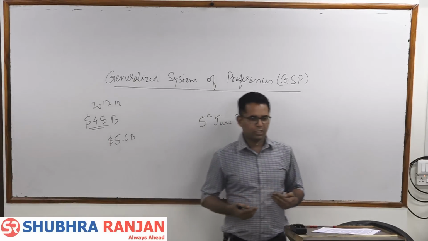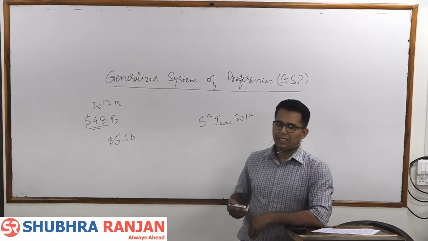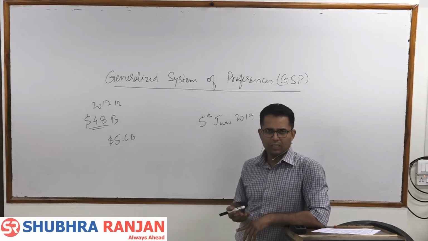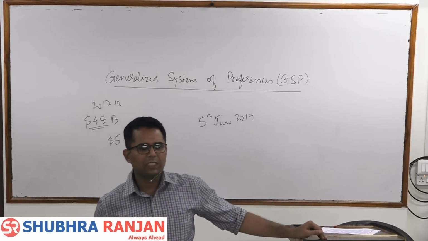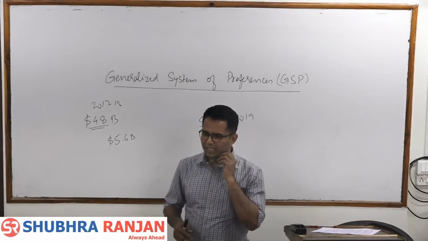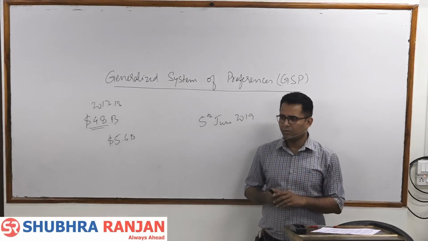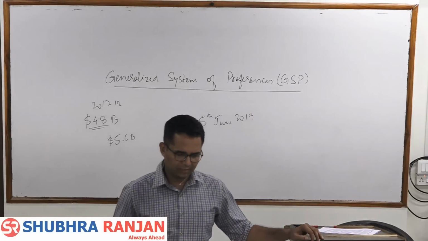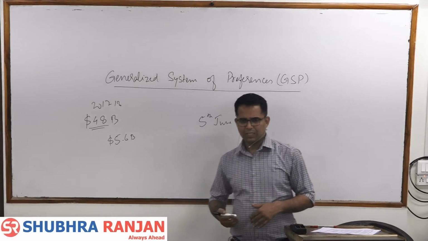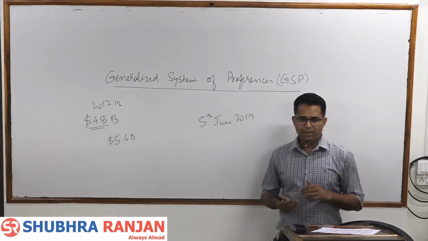For these products, the US claimed that India was not giving sufficient market access. Plus, there was another concern: that India is regulating the prices of its medical devices. On this ground, the US terminated the GSP beneficiary status for India, and it has also terminated the beneficiary status of Turkey.